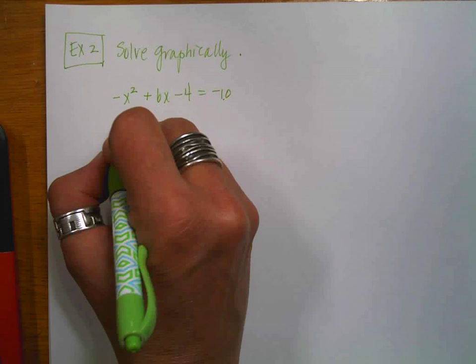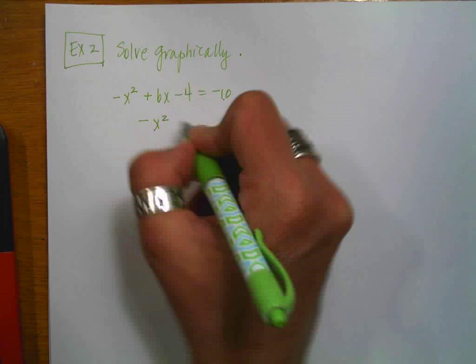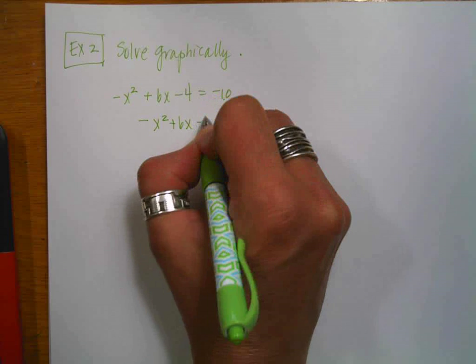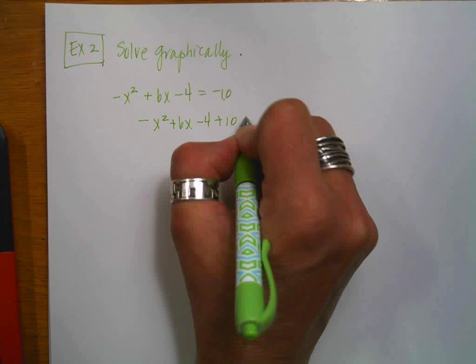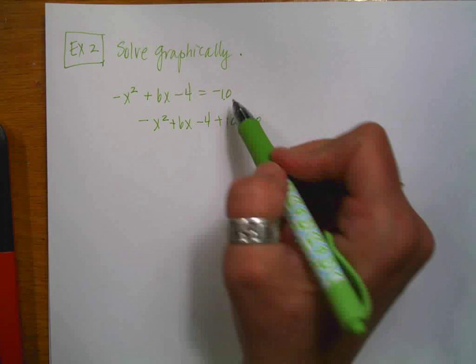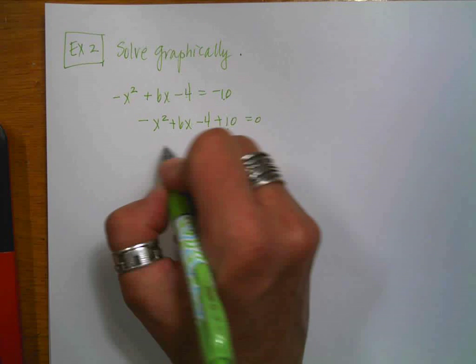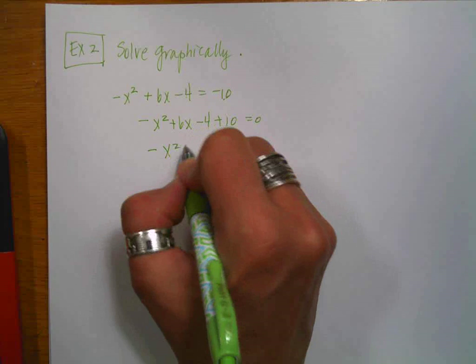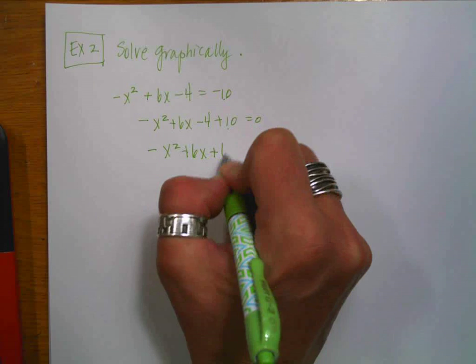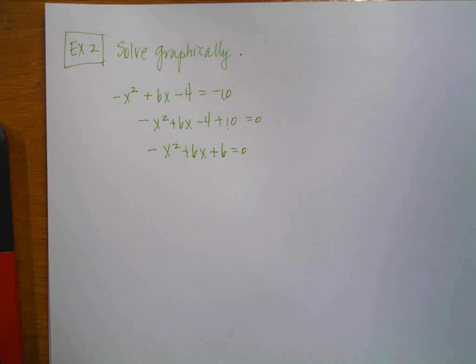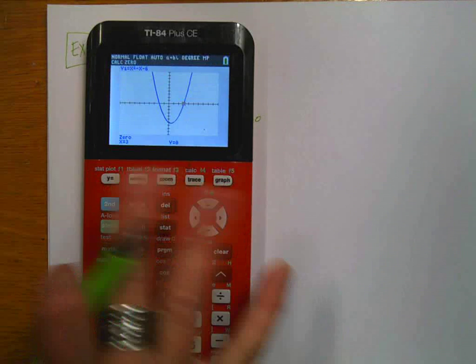So that means I'm going to take this 10 to the other side, so I get negative x squared plus 6x minus 4 plus 10 is equal to 0, because when it moves to the opposite side, the sign changes. And now I have negative x squared plus 6x plus 6 is equal to 0. And this is going to be the equation that I put in my calculator.